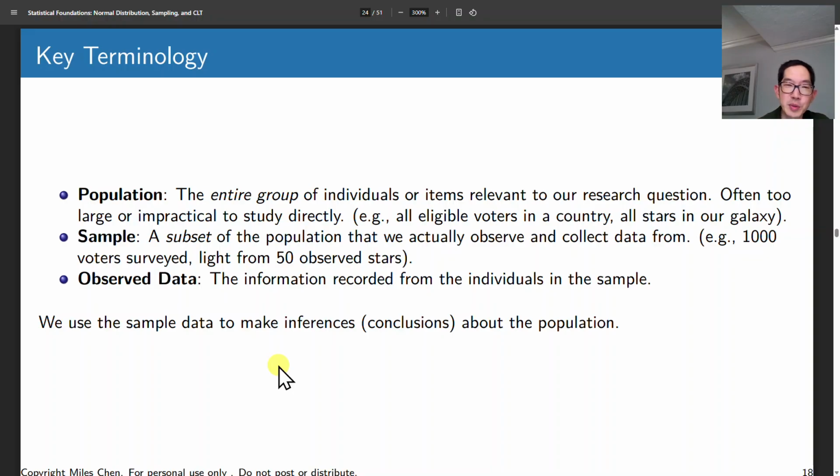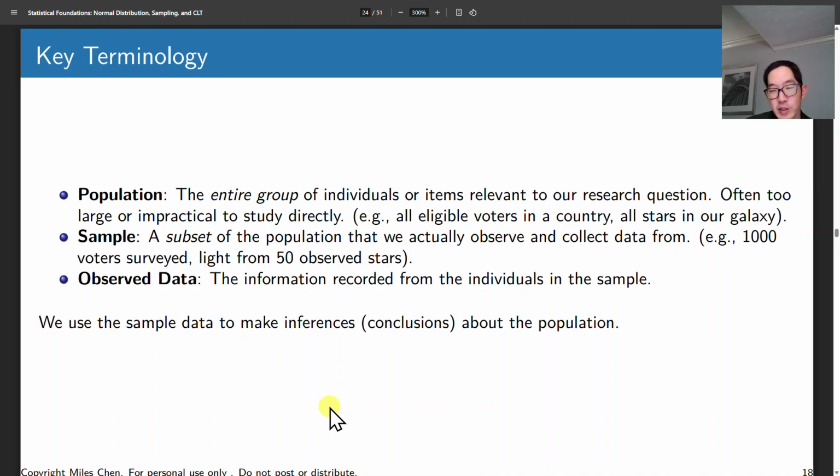Examples of populations would be all the voters in a country. There might be millions, and we just can't track them all down. Or all stars in our galaxy. A sample is a subset, a selection of the population that we actually observe and gather data from.